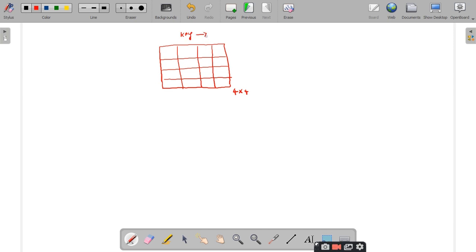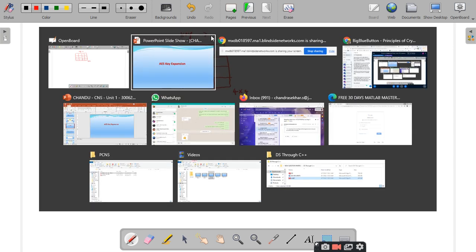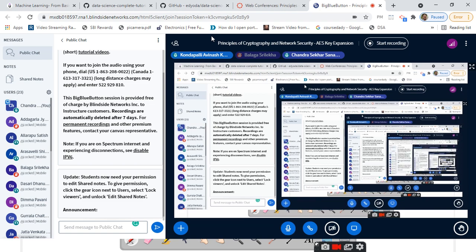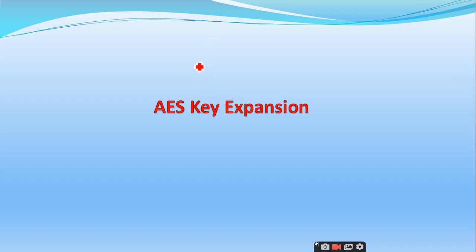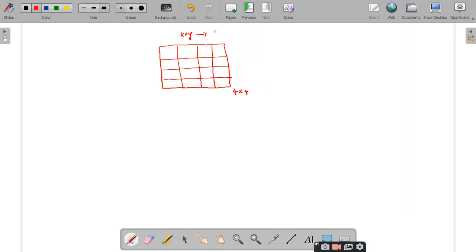And what is the size of the key? 48 bits, sir. 48 bit is in DES, right? But I am asking about AES. What is the size of the key?